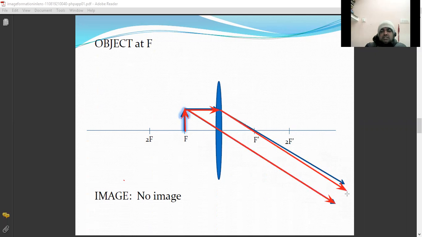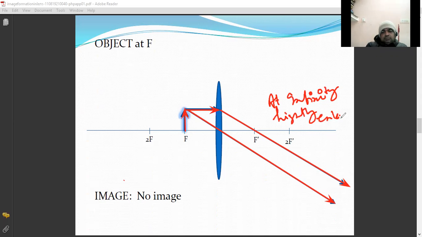So these rays are not going to meet; here it is written no image formed. But the true fact is that these rays meet at infinity. And a highly enlarged image is formed.